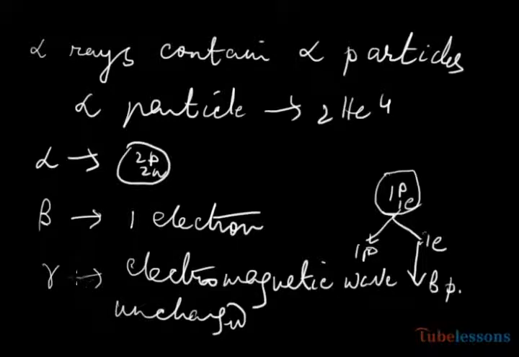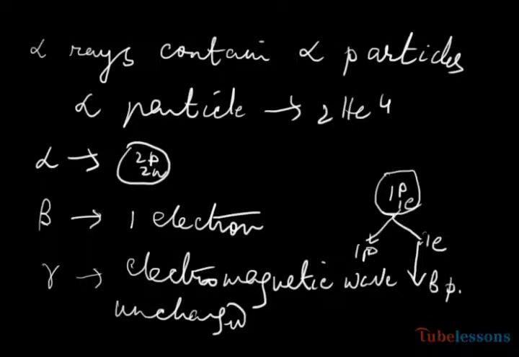Now we will make a précis of alpha, beta and gamma particles, and we will compare them with respect to their mass, charge, penetrating power and ionizing power. When alpha, beta, gamma pass through a gas, they ionize the gas, and we will compare them with respect to those as well.